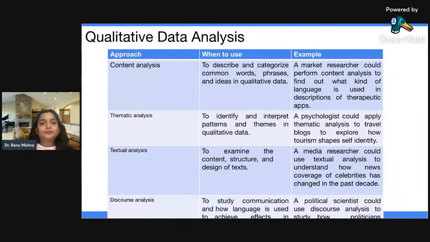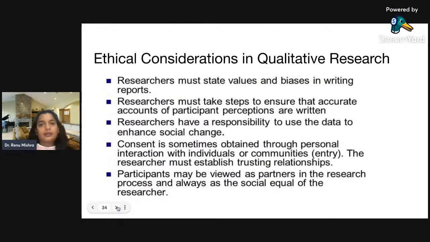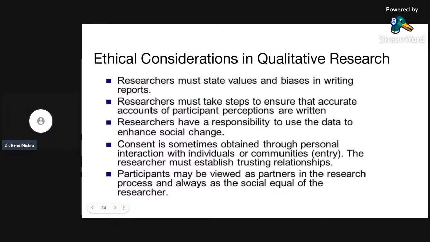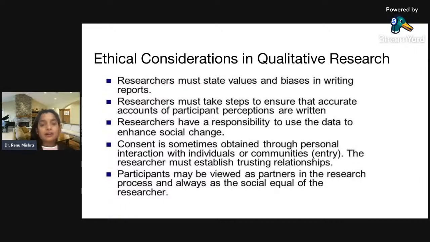All right. Now, a couple of ethical considerations to be done in qualitative research, and I would say don't take them lightly. These ethical considerations should be taken in a very serious manner. Reason being, nowadays institutions and colleges are paying real attention to these ethical considerations.